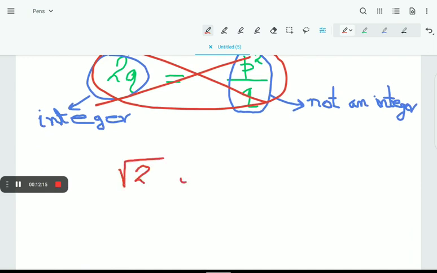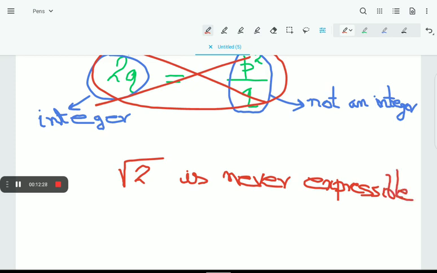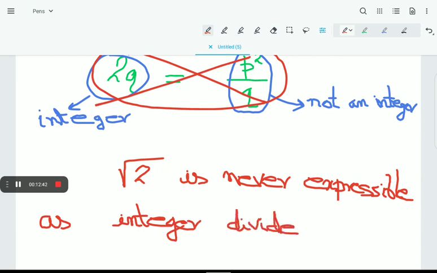So we can say root 2 is never expressible as an integer divided by an integer.